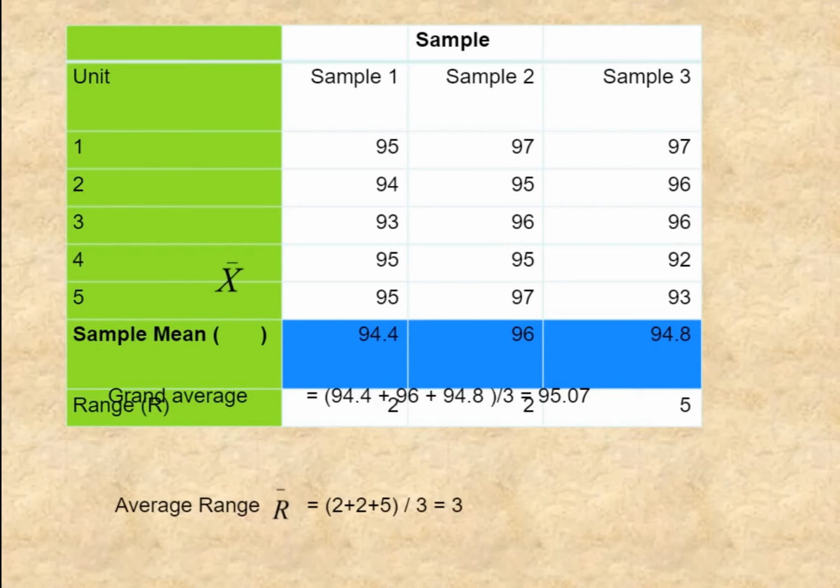For sample 2, the maximum is 97, the minimum is 95, 97 minus 95 equals 2. For sample 3, the maximum is 97, the minimum is 92, so the range is 97 minus 92 equals 5.